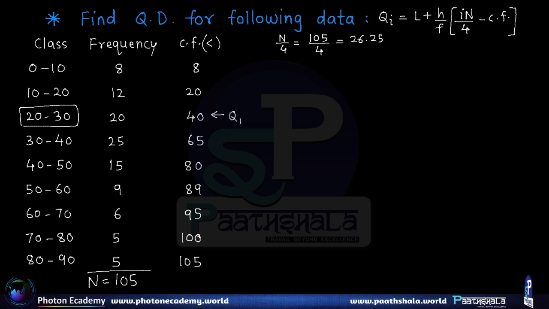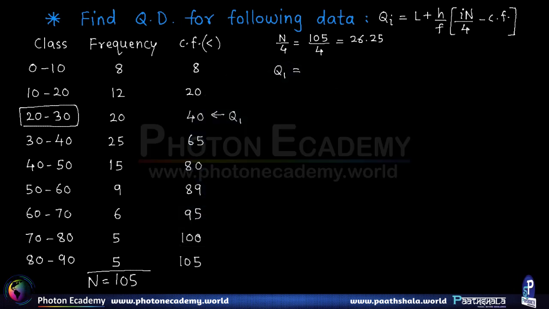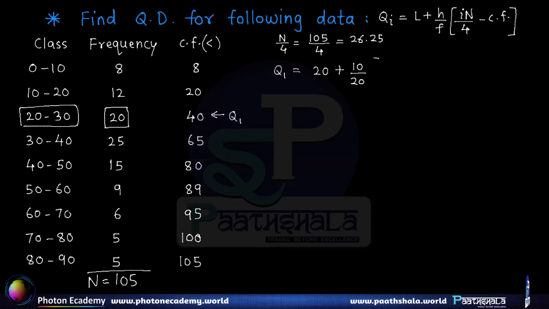Substituting in the formula, we have L, the lower limit of the class, which is 20, plus class width 10, and the classes are already continuous, so there is no need to make them continuous. f is the frequency of that particular class, which is 20, into (i n by 4.